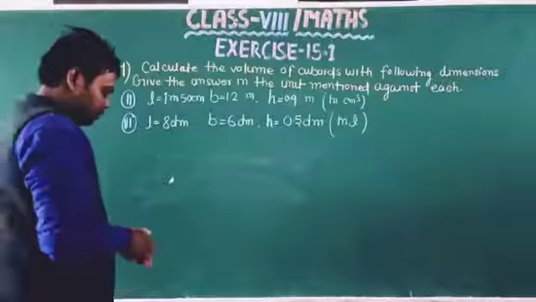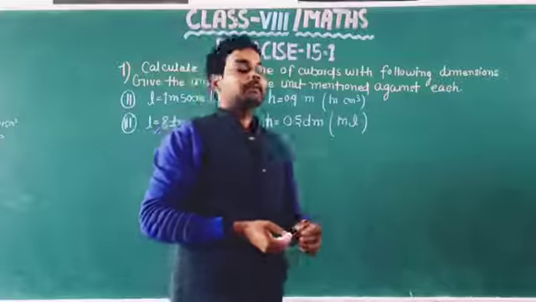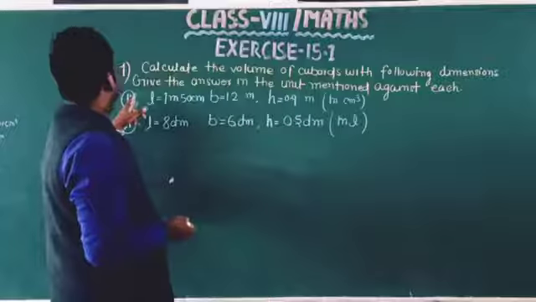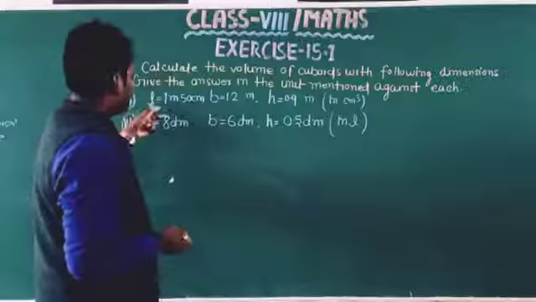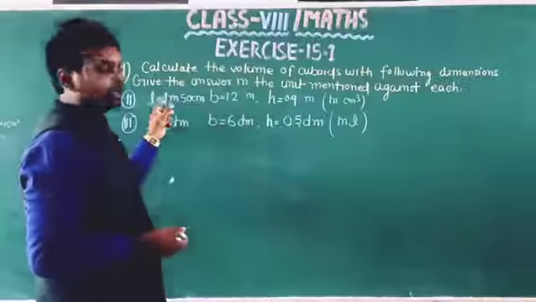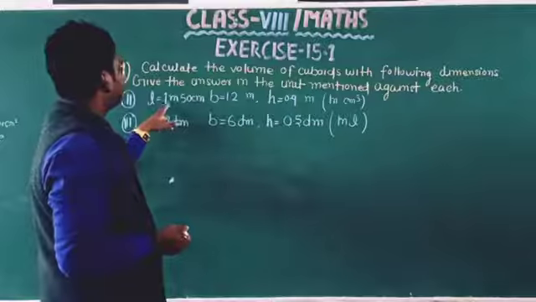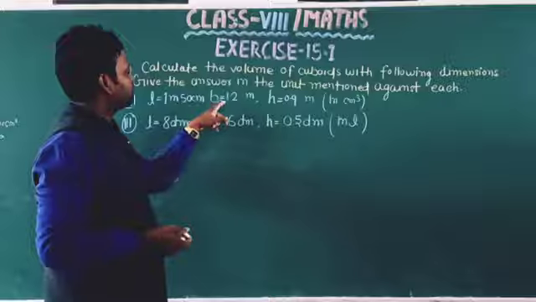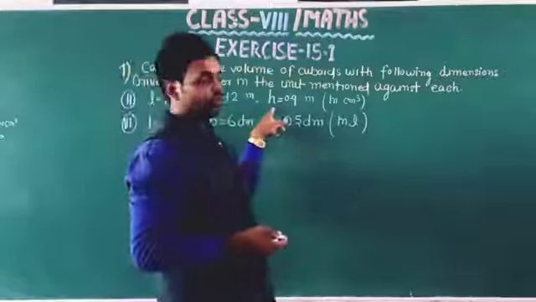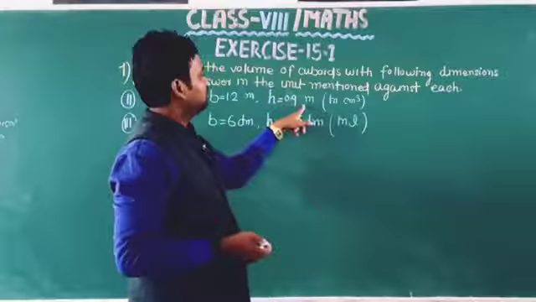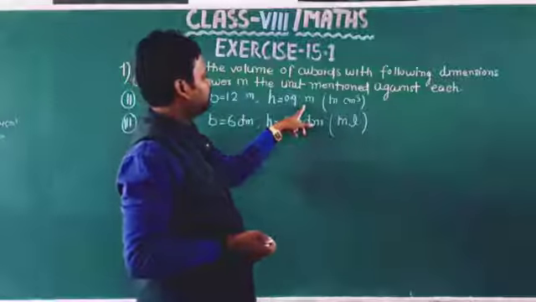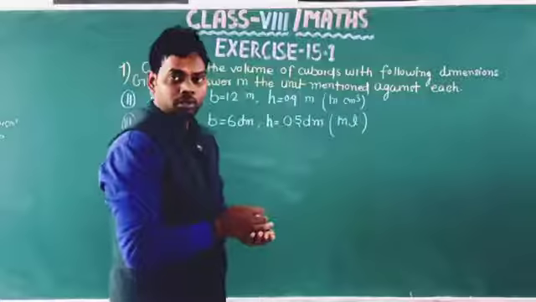Okay children, further move to the second part of question number one. Length is given 1 meter 50 centimeter, breadth is 1.2 meter and height is 0.9 meter, and find the volume in centimeter cube.